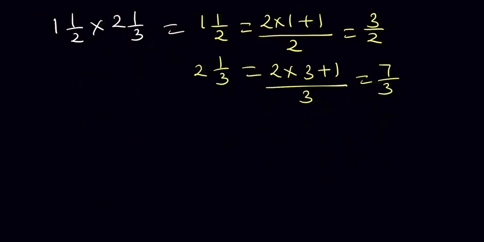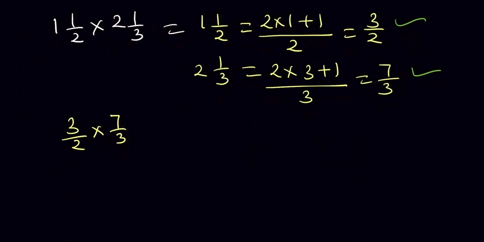So here are our fractions, 3 by 2 and 7 by 3. We can write 3 by 2 into 7 by 3. Here we can multiply in two ways.